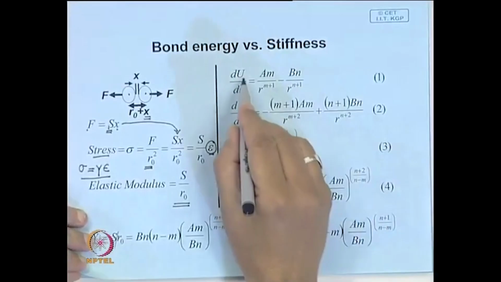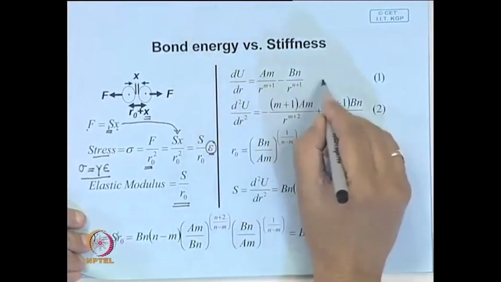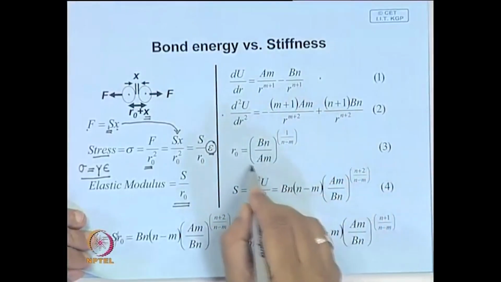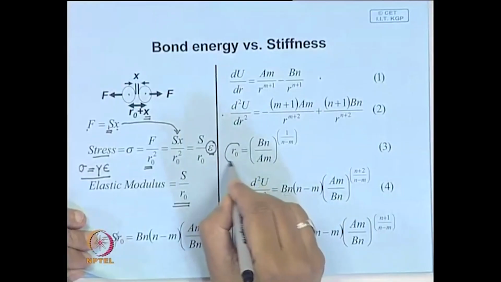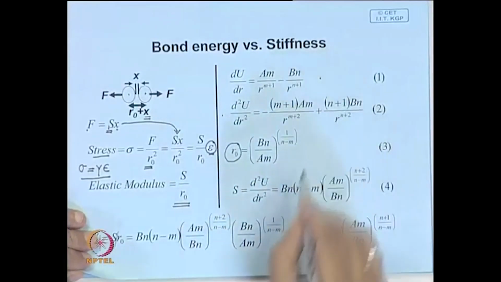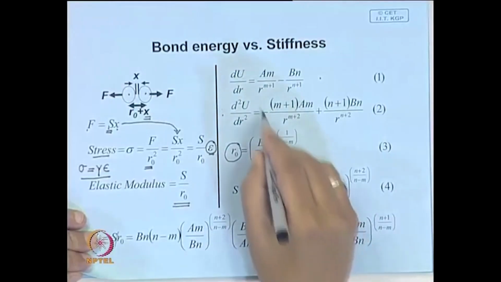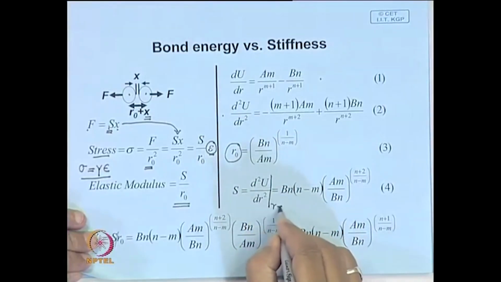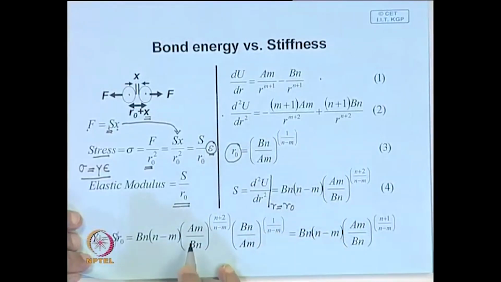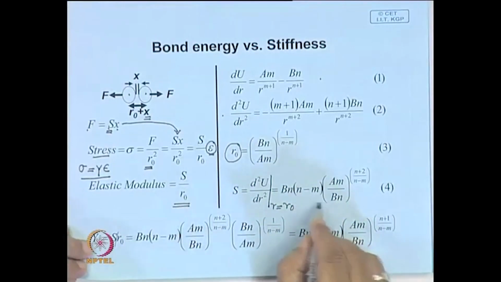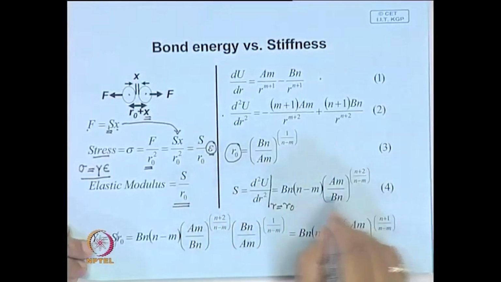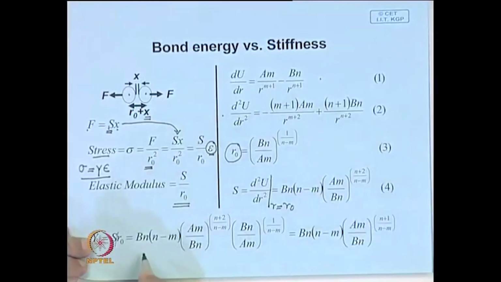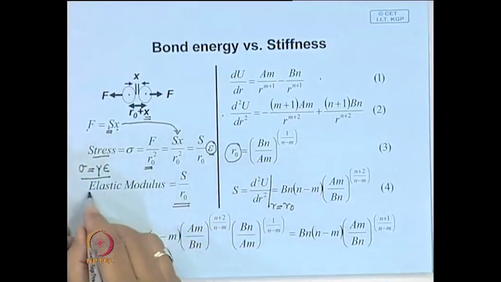Now, if you differentiate this bond energy, this is the first differential, differentiate it a second time, you get this, and substitute the value of r naught over here. In that case, what you get is d 2 u dr square at r equal to r naught, this is the value, and then you try and find out the Young's modulus.